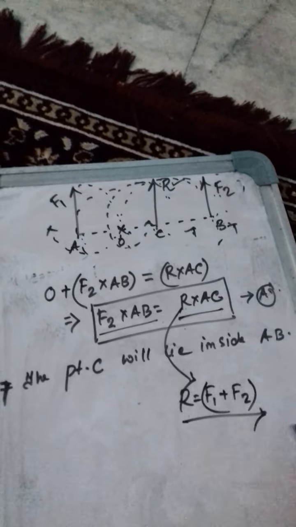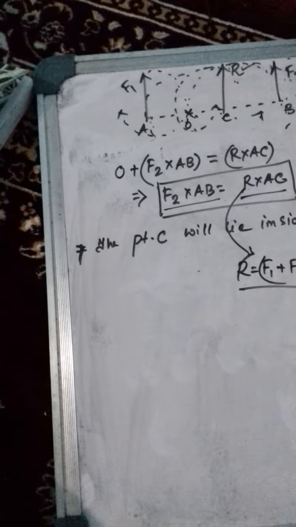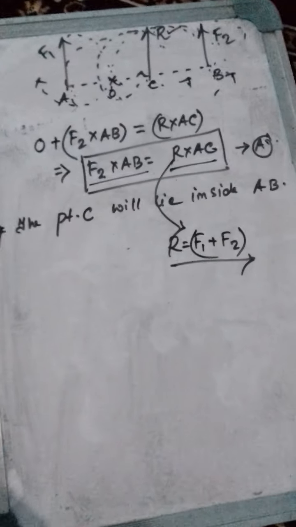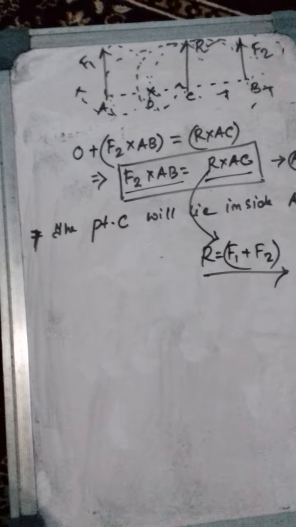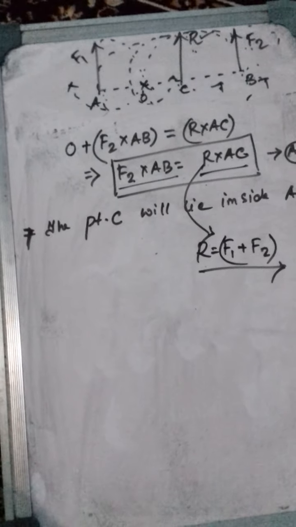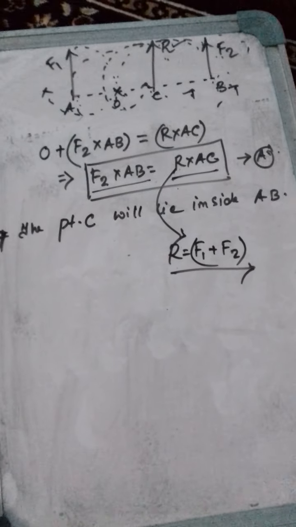So C should lie somewhere between A and B, that is, C should be lying on the line AB. Clear? So the distance AC must be less than the distance AB as per this equation. Clear? So C should lie somewhere between A and B.